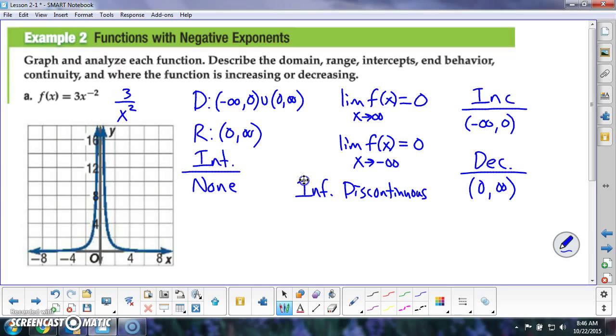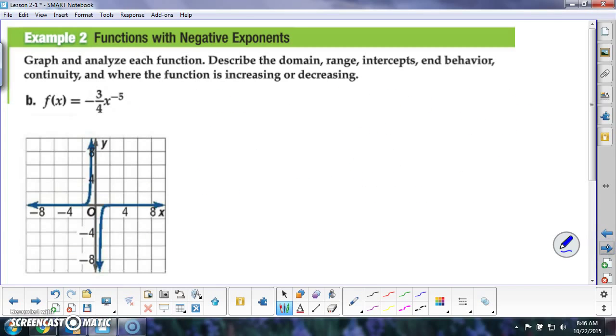So there's your characteristics of a graph that has a positive lead coefficient, a negative even exponent. Last example has a negative lead coefficient and a negative odd exponent. So now it's not going to be like a disco guy. It's going to have one end going up, one end going down, but that's going to again be in the middle because the exponent is negative.